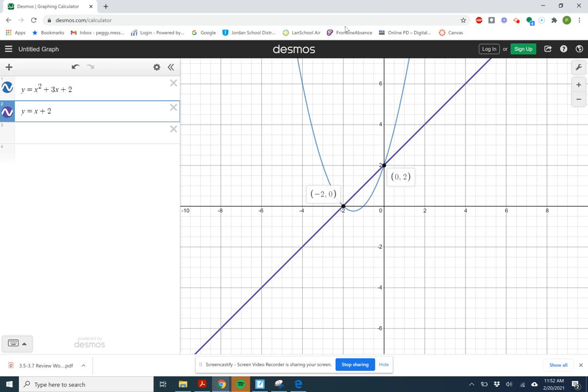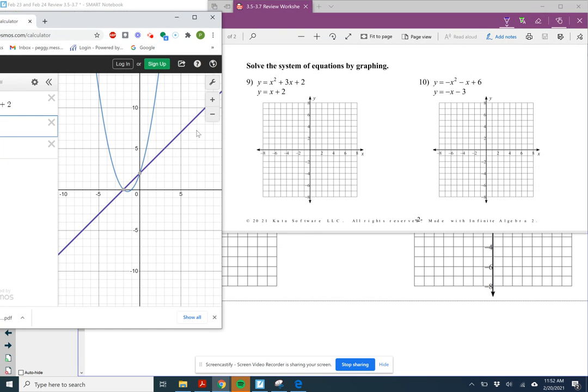I'm going to make this smaller so I can do my graph over here at the same time. So my line and my quadratic. My quadratic is going to go through the y-axis at 2. It's going through the point -3, 2.